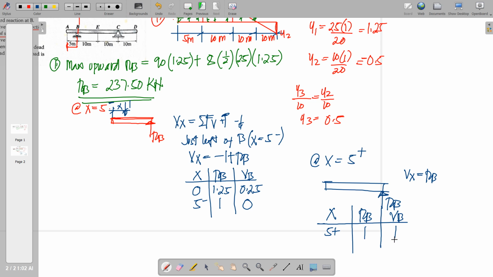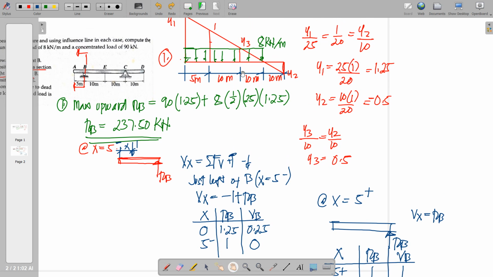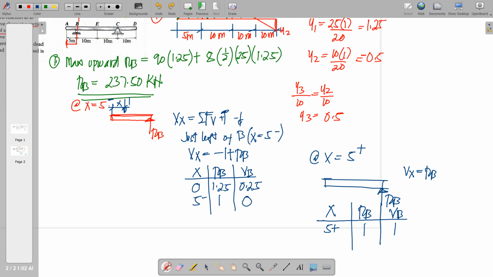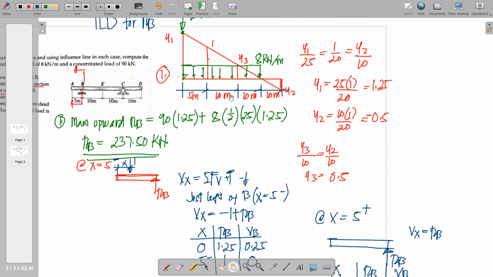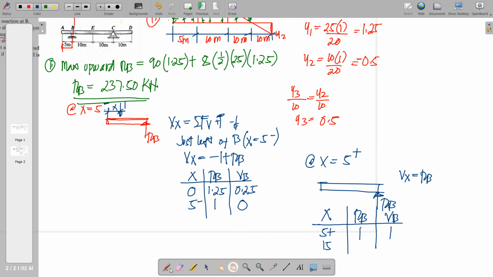Okay, and then if x is now equal to 15, what is the value of RB? It is y3 here, you can see, at 15, and y3 is equal to 0.5. So VB is simply equal to RB also, 0.5.